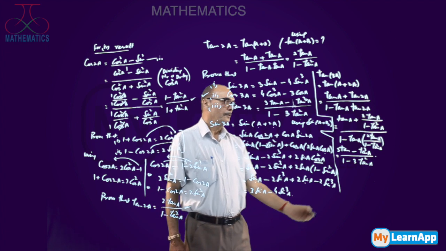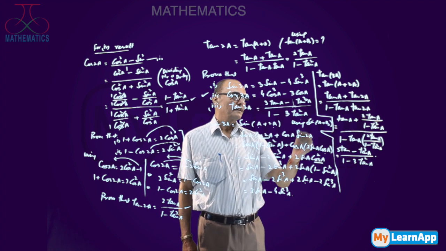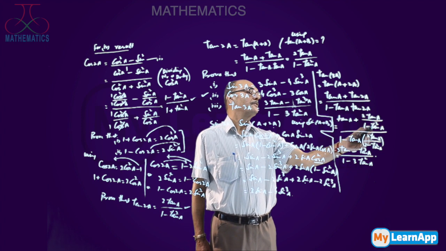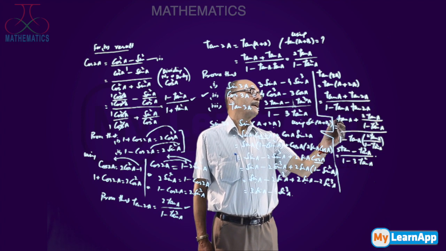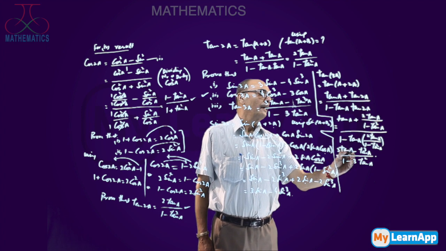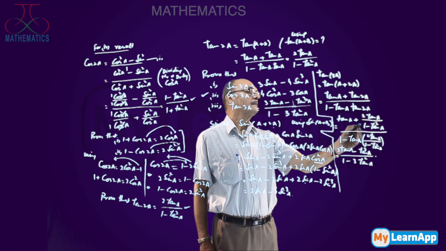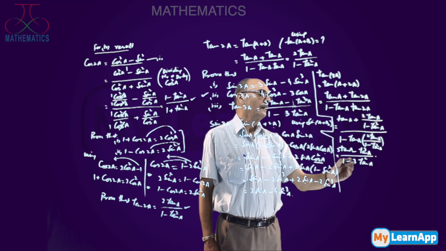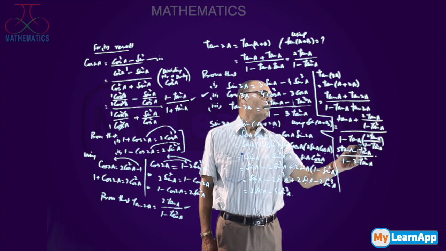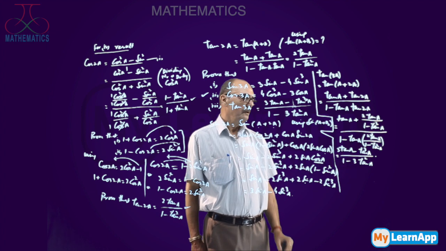You take the LCM here as 1 minus tan square A, tan A multiplied by this will give you tan A minus tan cube A. So that tan A into 1 will give you 3 tan A here minus tan cube A upon 1 minus 3 tan square A.